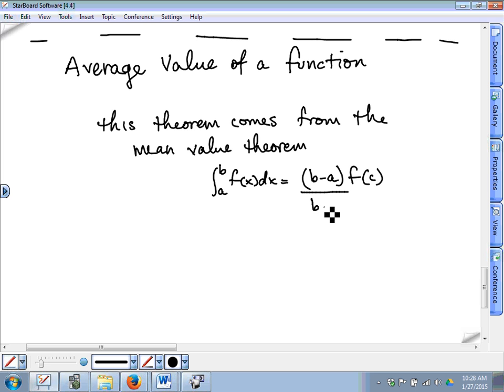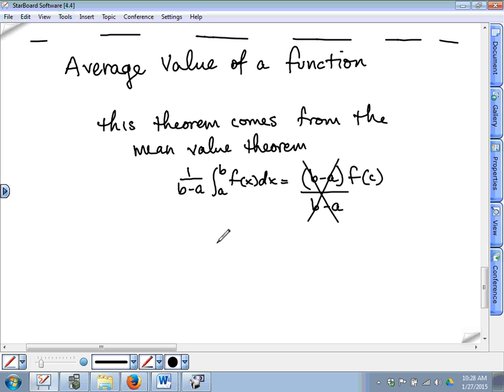If you divide by b minus a, and then over here multiply by 1 over b minus a, which is the same as divide. You see what I did there? Divided by b minus a over here. That cancels on the right side. And over here I multiply by 1 over b minus a.